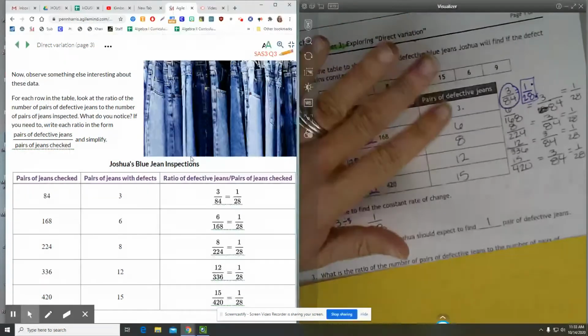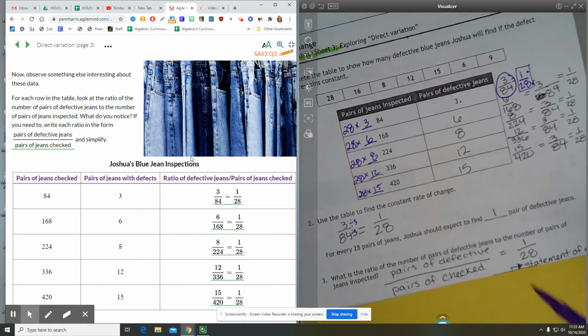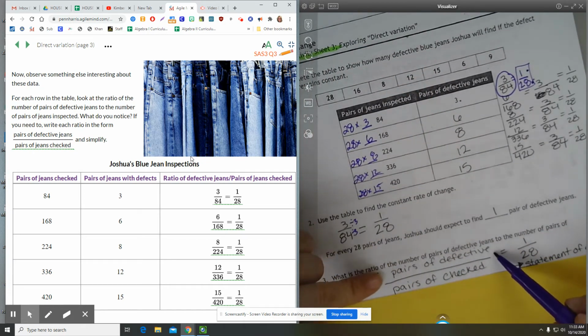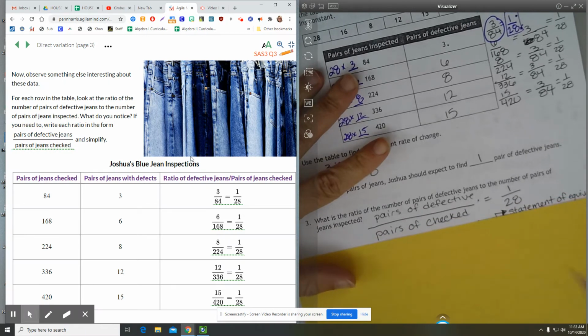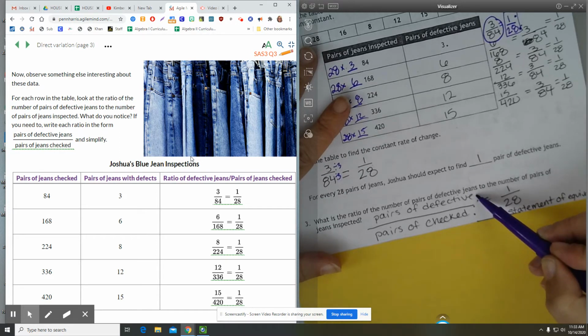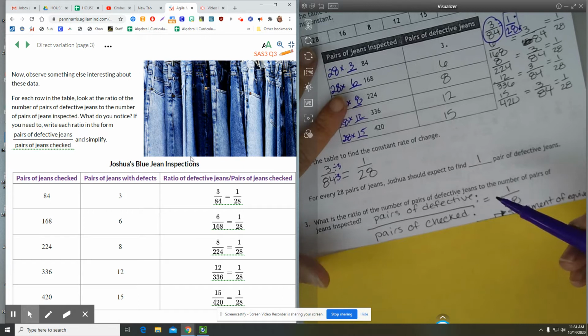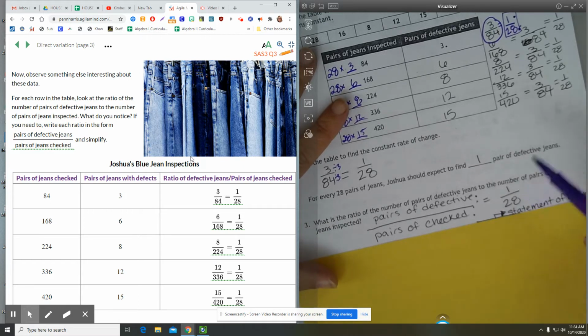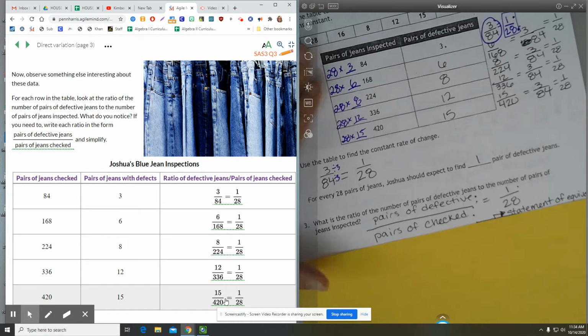What I notice here, guys, is that the pairs of defective jeans divided by the pairs of checked jeans, so the total number that I look at on the bottom and the ones that I find that are defective, the zipper doesn't work, there's a hole in them, every time that's simplified down to 1 over 28. Each one of these simplified down to 1 over 28. Okay, so now let's look at question 4.